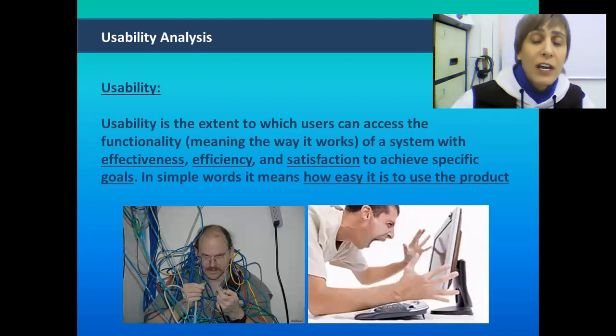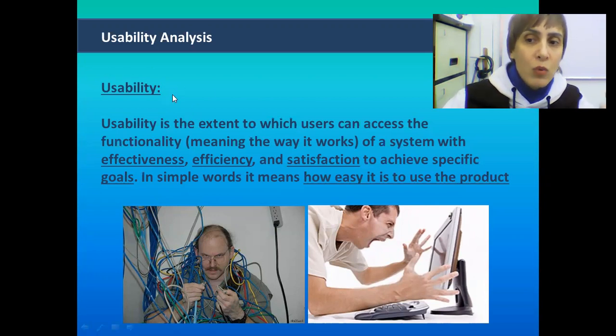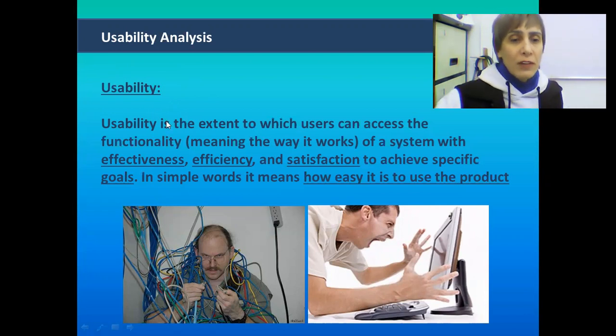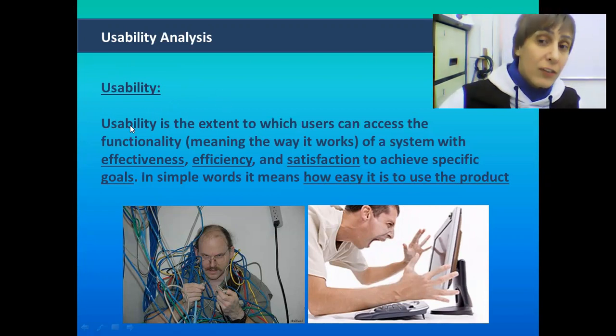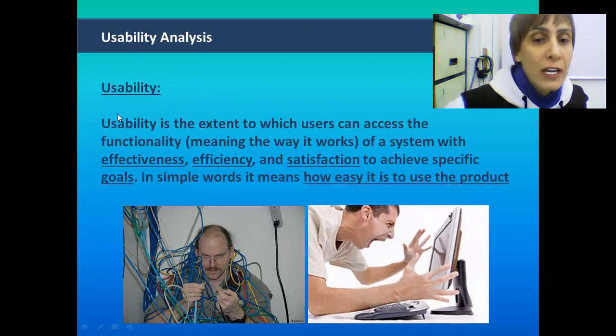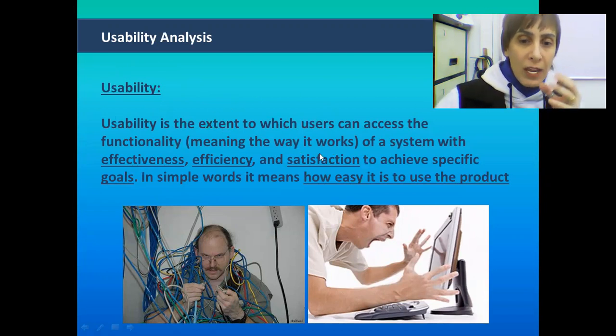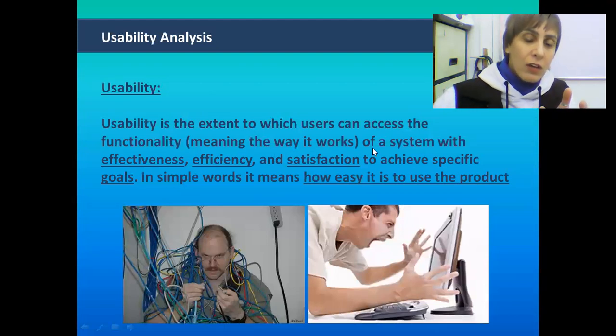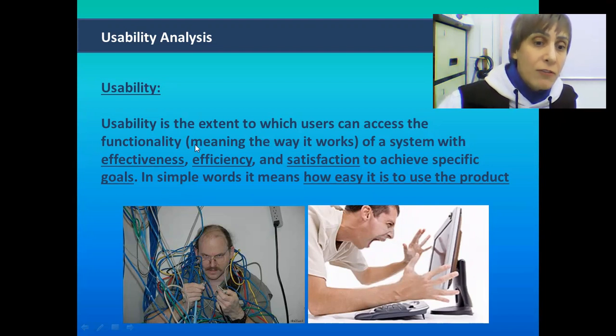Before we can talk about what the usability analysis method is, we need to understand what the word usability means. What is usability? It means the extent to which users, the humans that use the product, can access the functionality, meaning the way the product works, of a system or product with effectiveness, efficiency, and satisfaction to achieve specific goals.